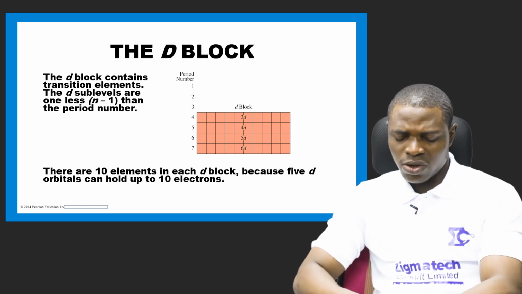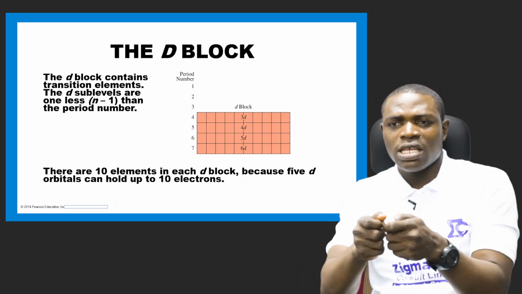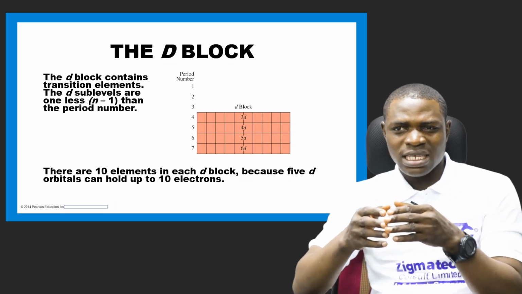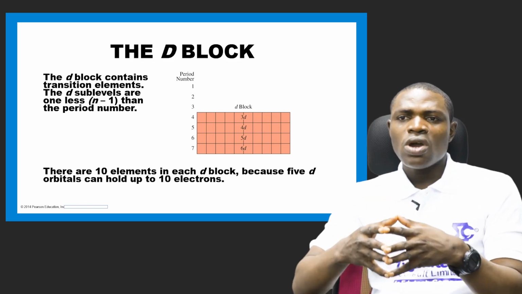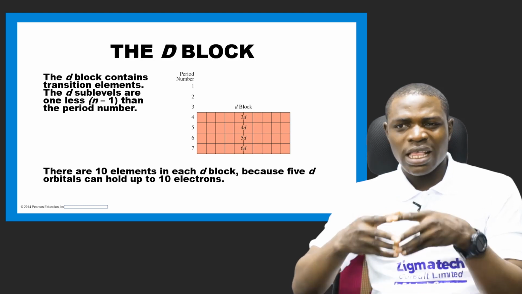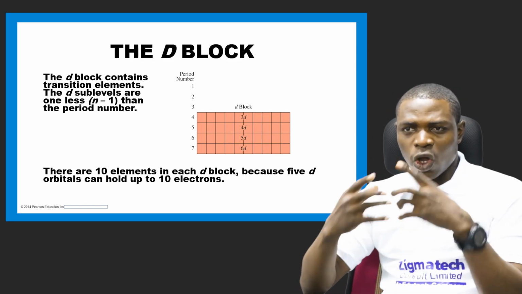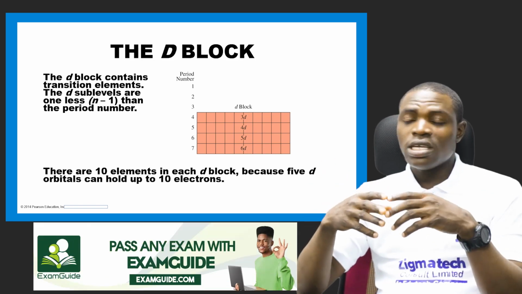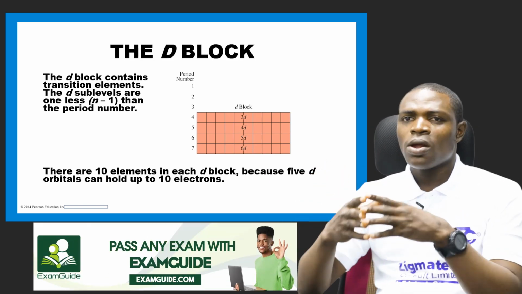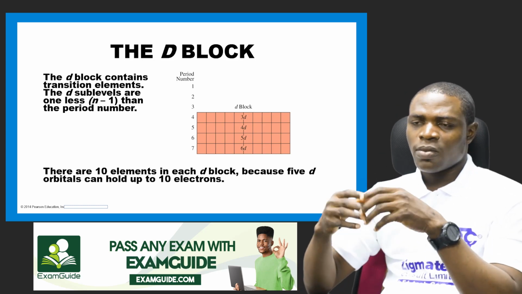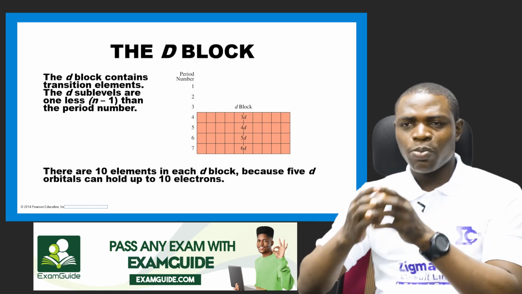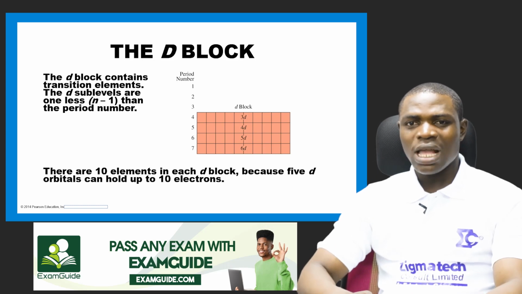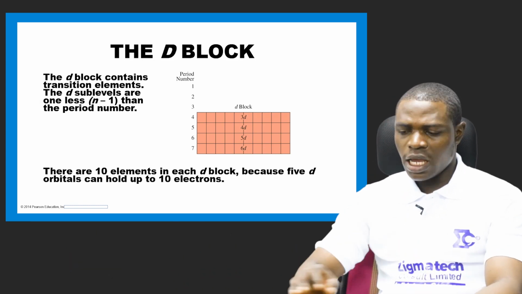This is the bedrock, this is the foundation, and I'm laying it so that you understand further how electron configuration is done. Because if you look at past questions, you will see that in different years, electron configuration questions always come out. So it's important that you pay attention and watch this video to the end.